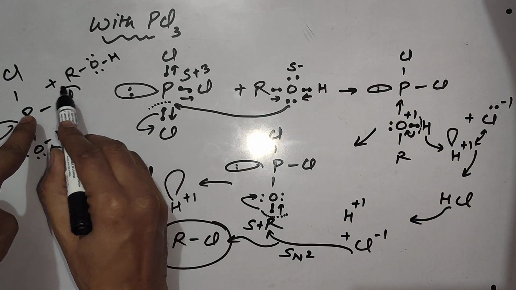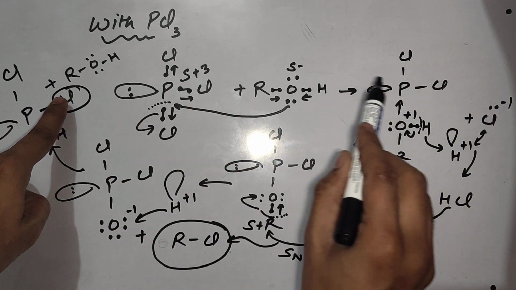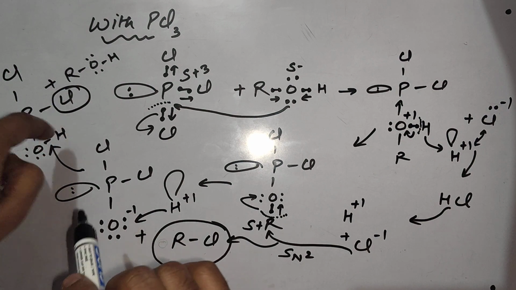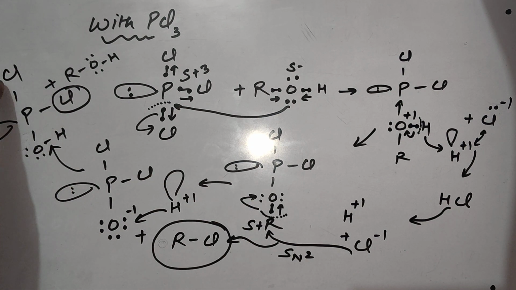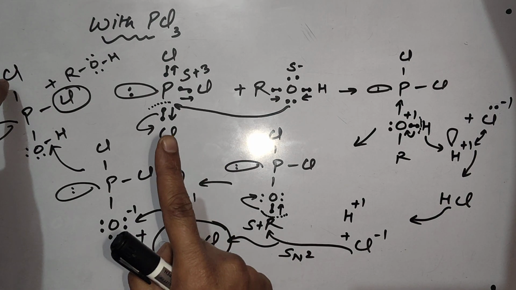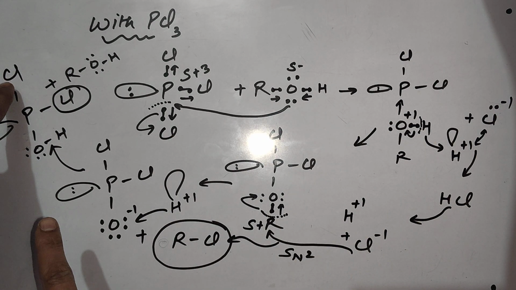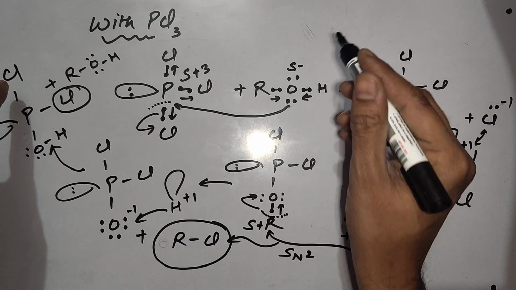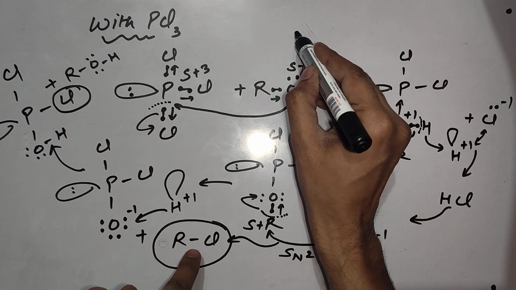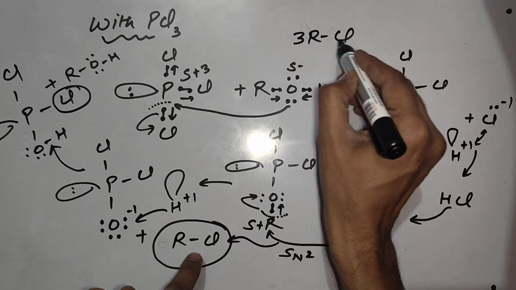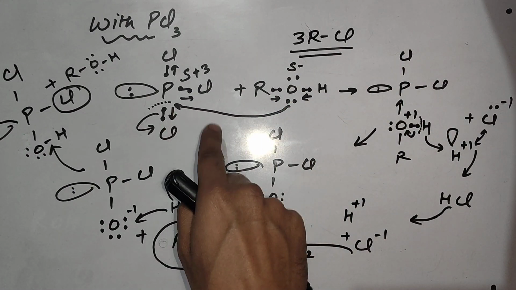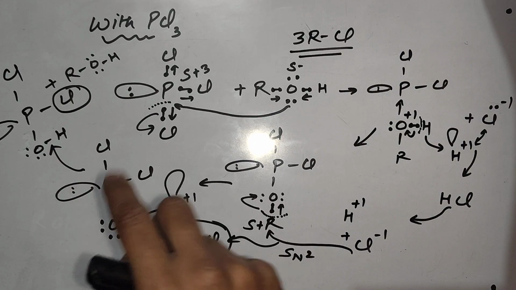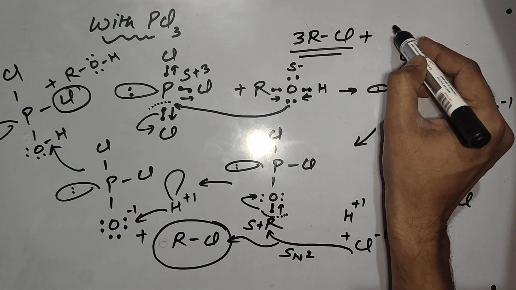Suppose from this chlorine you bring out this mechanism, and after this chlorine one more chlorine is left over here, that is the third chlorine. The same mechanism will happen with this third chlorine. So how many times will RCl be generated? 3 RCl will be generated, because 3 chlorines are available there, which repeat this mechanism one by one with 3 alcohol particles.